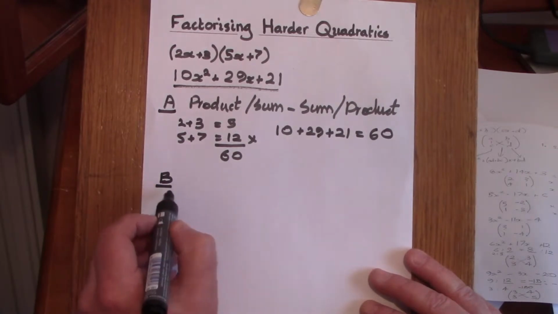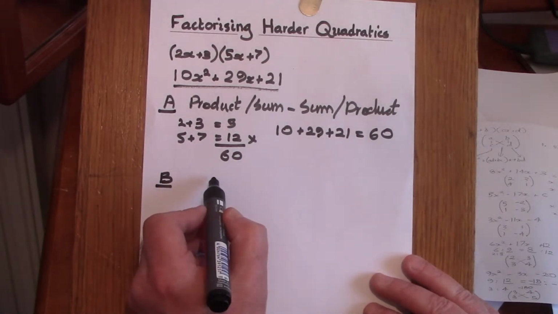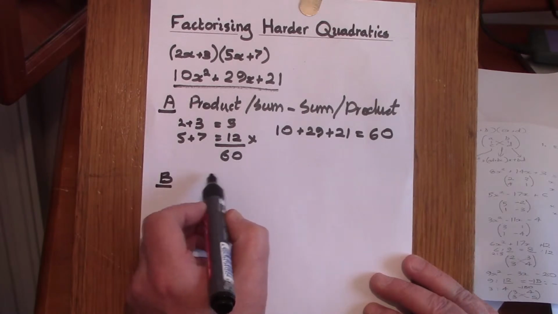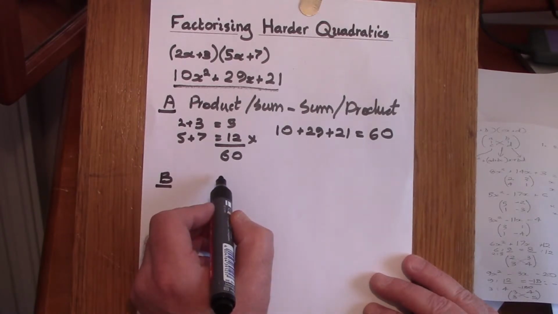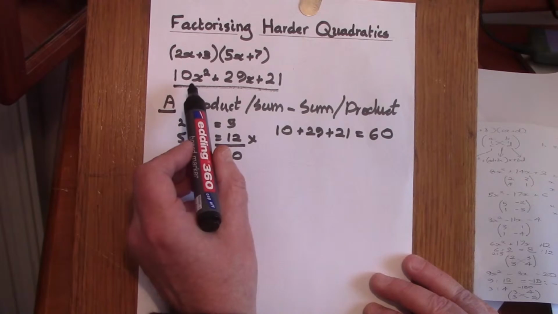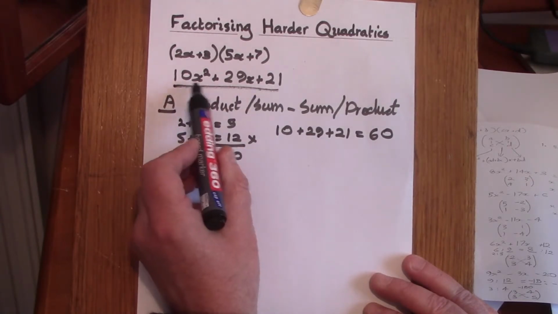Property B is to do with splitting the middle term. So it's a ratio or proportion.